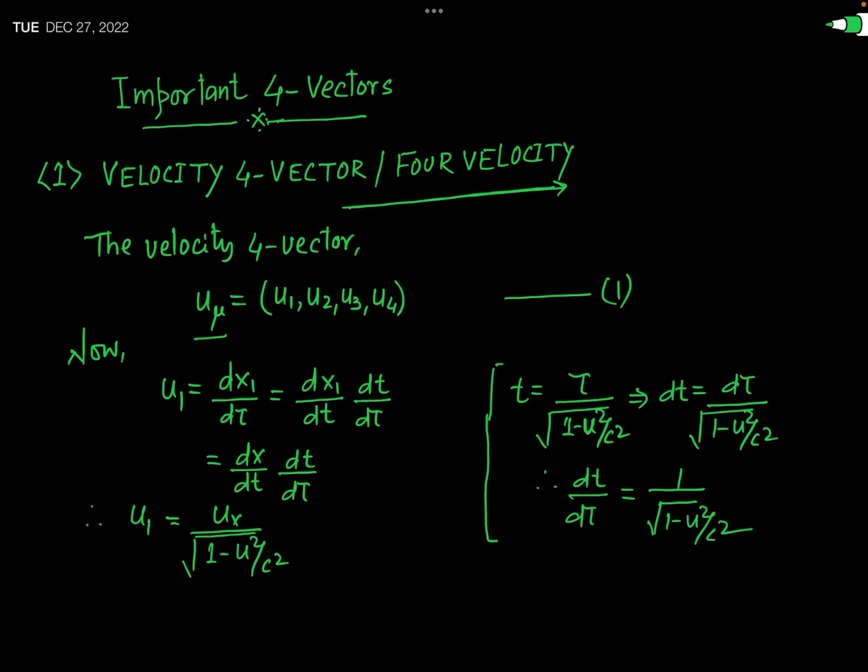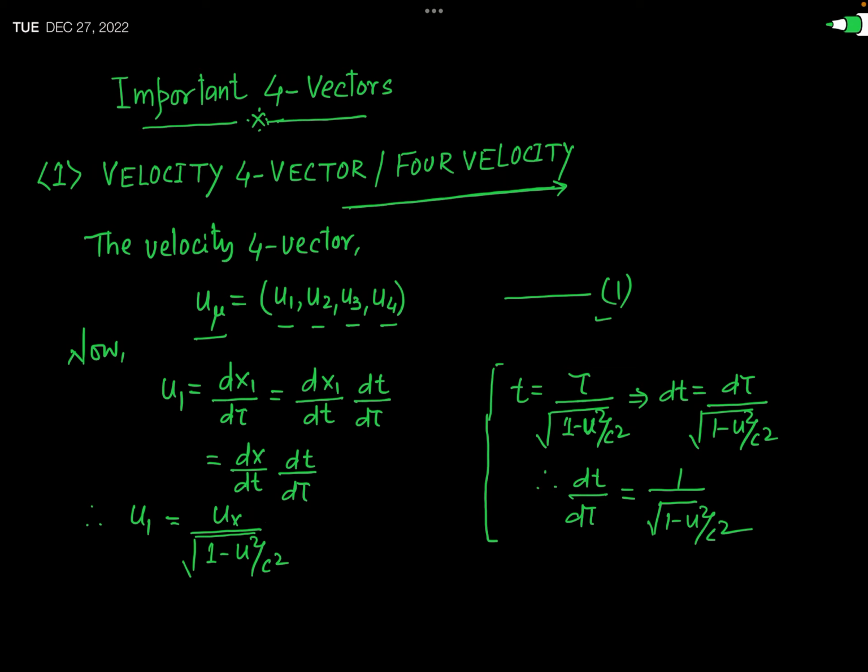And if you consider that the 4 components of this 4 velocity vector are u1, u2, u3 and u4, then we simply define this velocity 4 vector like this: u mu equal to u1, u2, u3, u4, as you can see in equation 1.